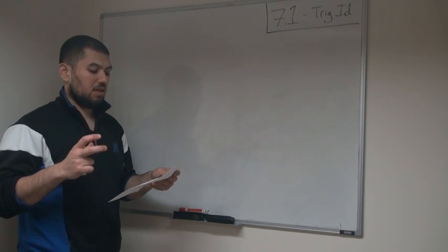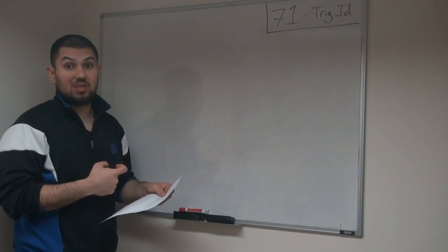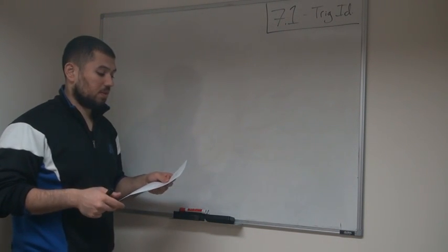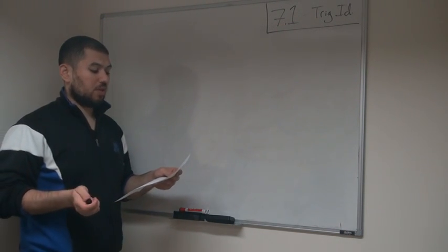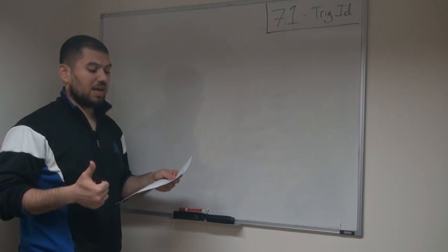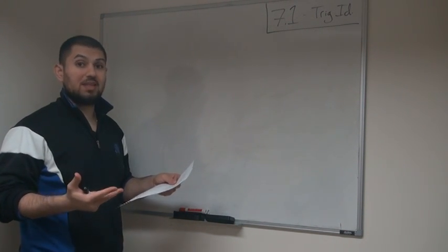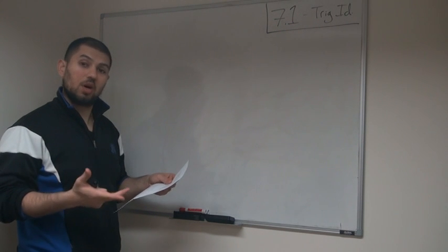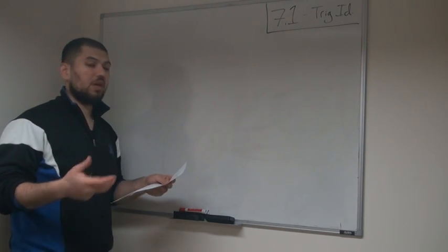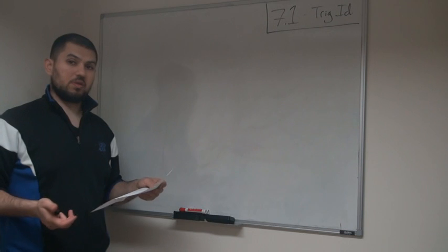This is, I guess, one slide that has it all. In terms of understanding reciprocal identities, we know that sine, cosine, and tangent are related to cosecant, secant, and cotangent respectively, and we know that they are reciprocals of one another.